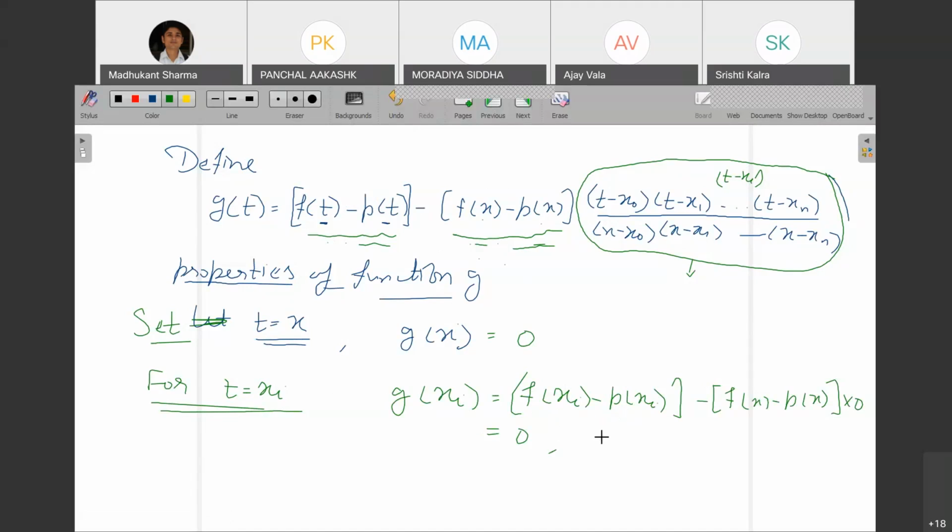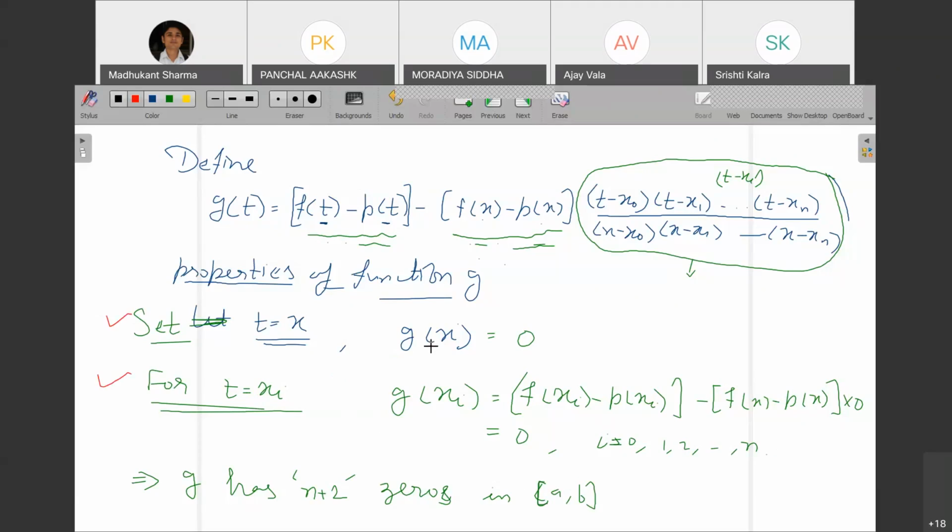This is true for i equals 0, 1, 2, and so on to n. These two properties imply that g has n plus 2 zeros in the closed interval AB. n plus 1 zeros come from t equals xi, and one more zero comes from t equals x.